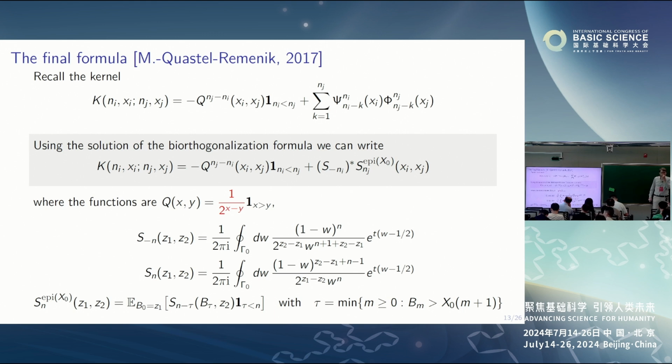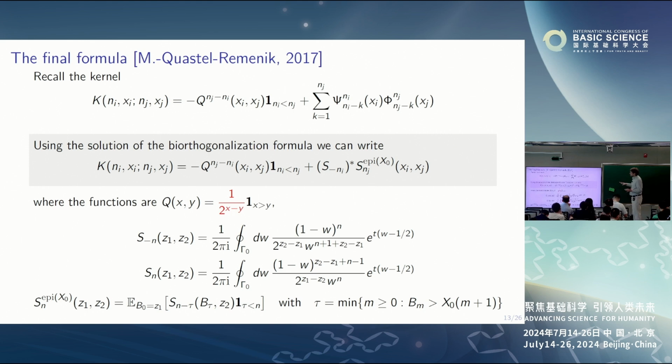So in our work, we solved this biorthogonalization problem for any initial condition of TASEP. So we developed a method of solution which can be applied not only for the biorthogonalization problems for Charlier polynomials, but also for some other families of polynomials.